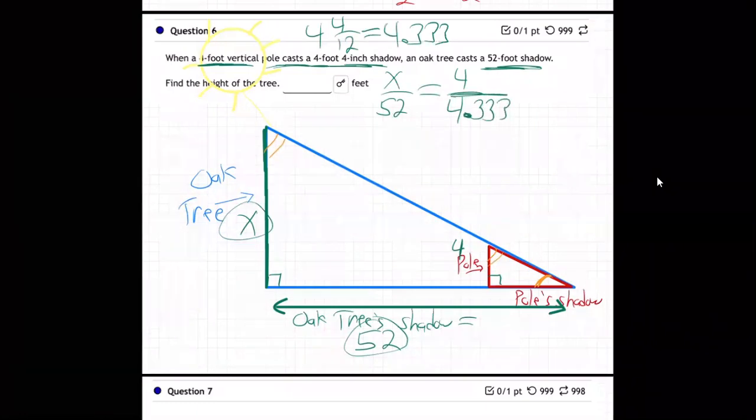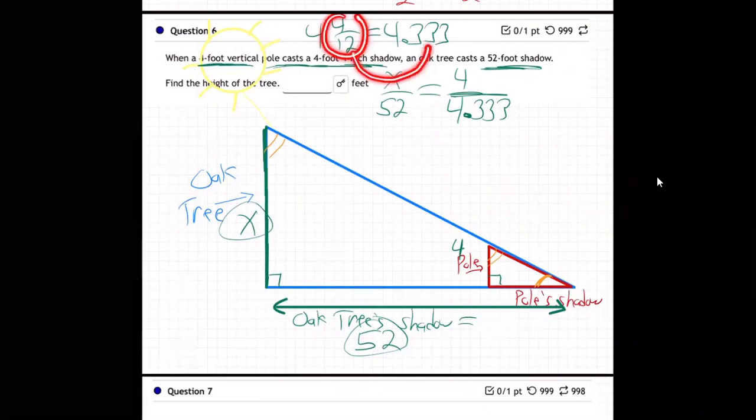We have to keep everything in feet on this problem because everything else is feet. So when they give us inches here, we've got to convert that because we don't want a mix of units. They're trying to trick us by switching in the inches. 4 inches is 4/12 of another foot, because there are 12 inches in a foot.